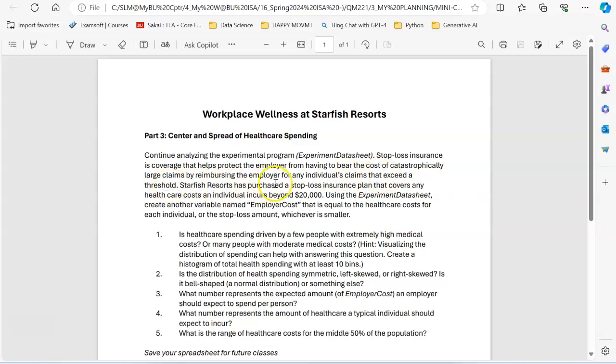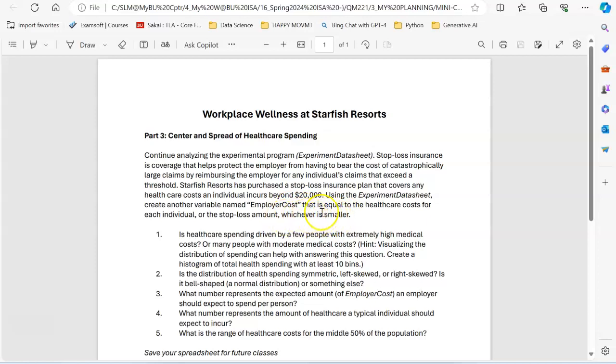Starfish Resorts has purchased a stop-loss insurance plan that covers any healthcare costs an individual incurs beyond $20,000. Using the experiment data sheet, create another variable named employer costs that is equal to the healthcare costs for each individual, or the stop-loss amount, whichever is smaller.